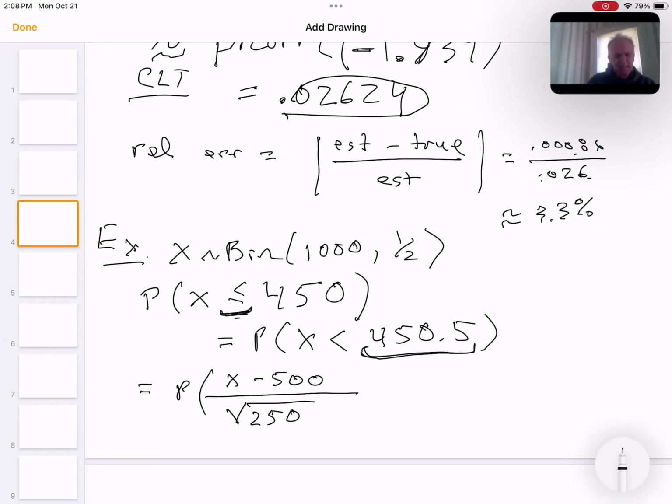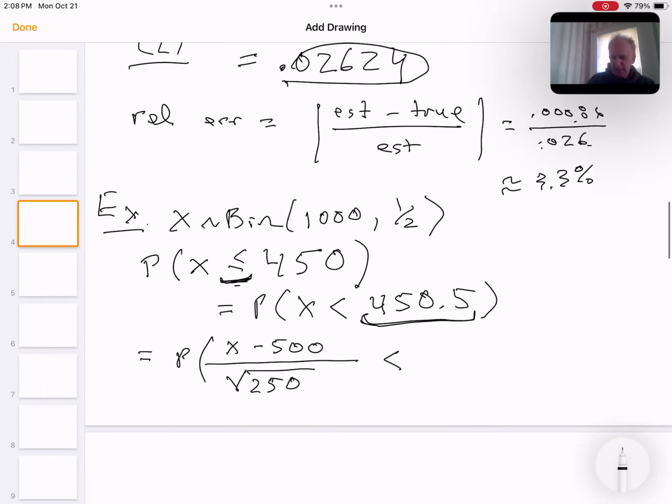So I'm going to standardize it: subtract off its mean, divide by its standard deviation. I'll do the same thing on this side. You have to do the same thing on both sides. The inequality is maintained, since I'm only dividing by a positive number, so I can say minus 500 on the top here, and divide by the standard deviation.